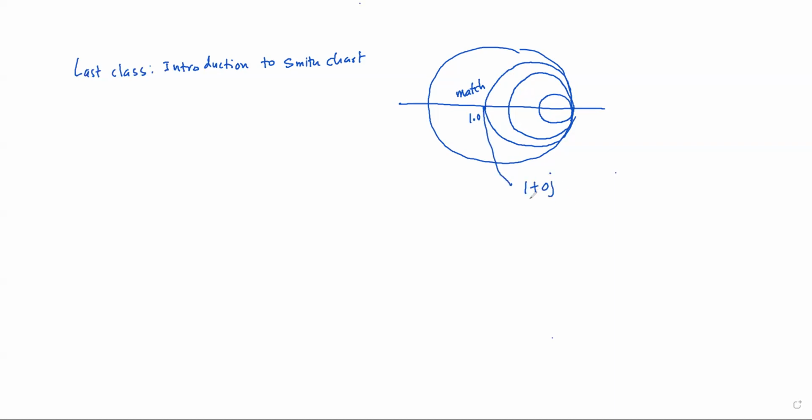That means the impedance here is fully real, and the imaginary part of the impedance is 0. Therefore, if we want to match a circuit, we try to achieve this point. After doing all the matching, we try to achieve this point at the end. So this is known as the matching or match point.